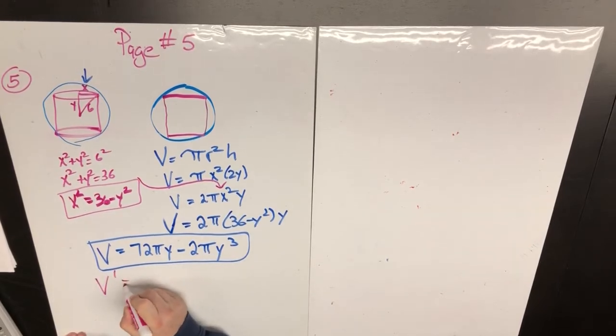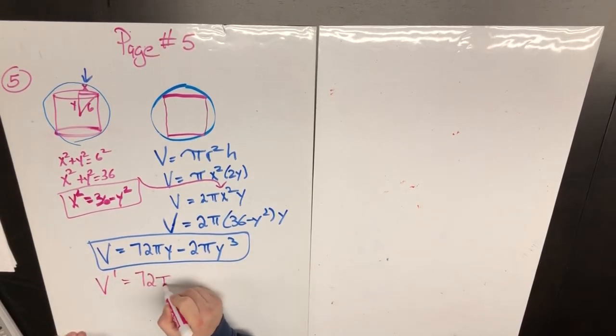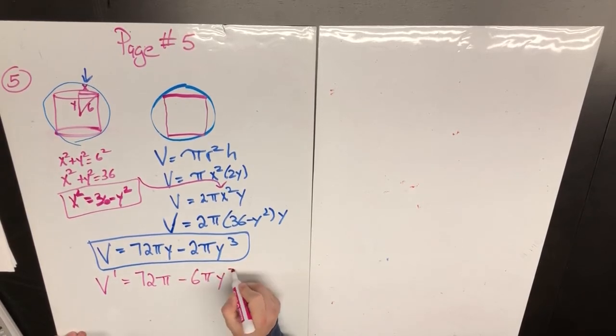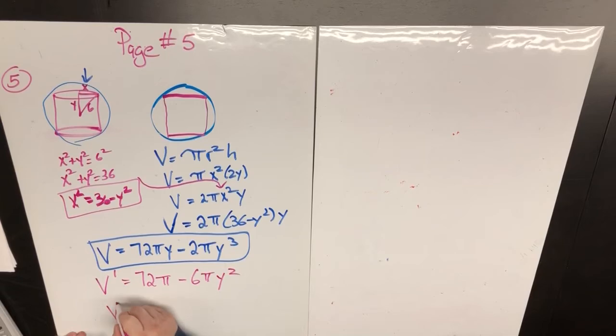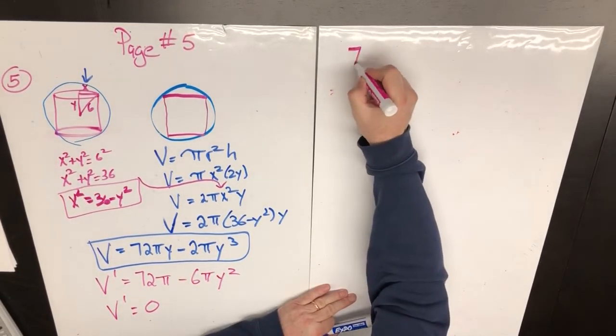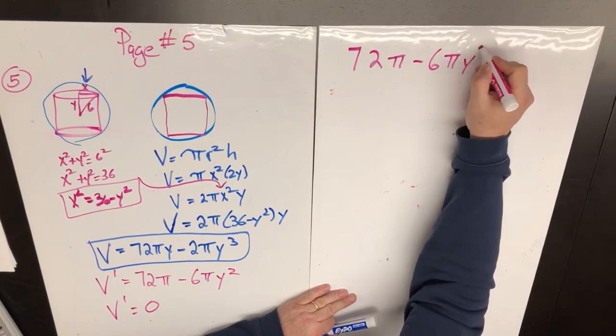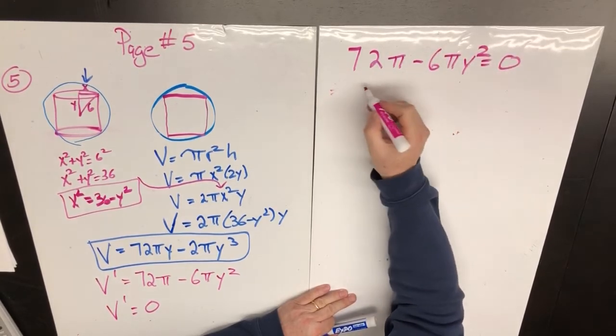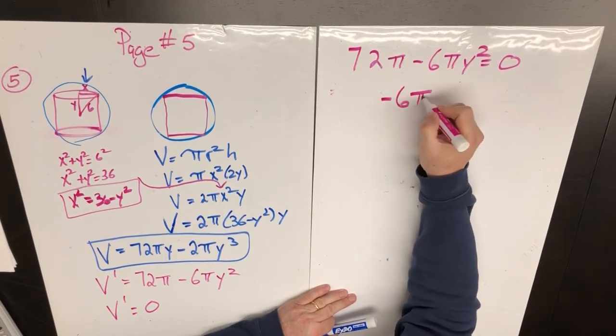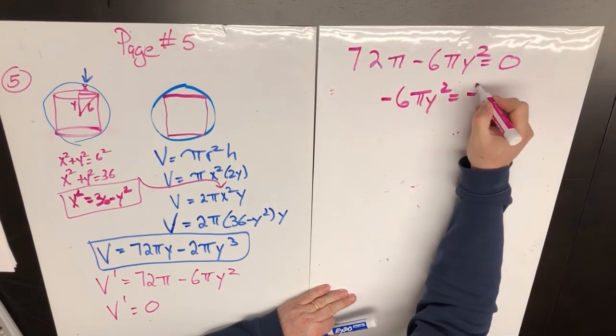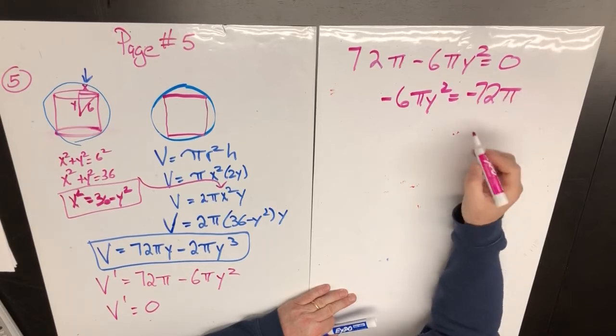V prime will equal 72 pi minus 6 pi y squared. V prime equals 0 means 72 pi minus 6 pi y squared equals 0, minus 6 pi y squared equals negative 72 pi.